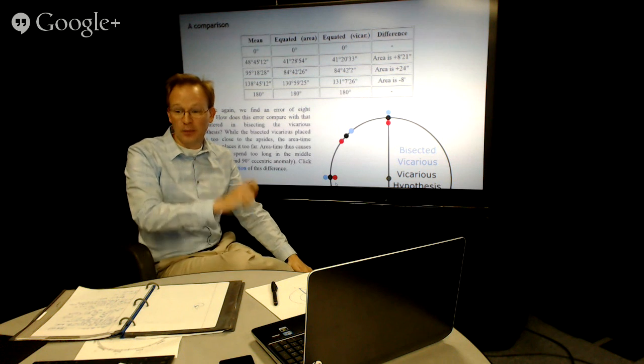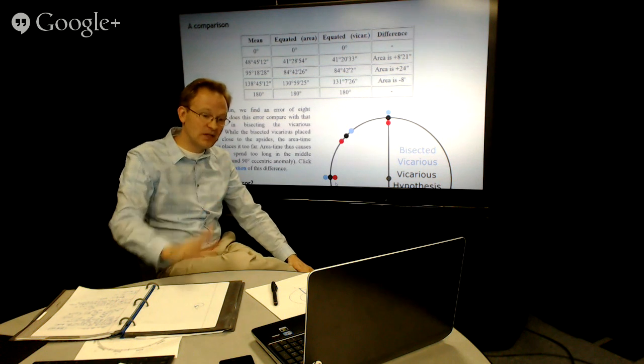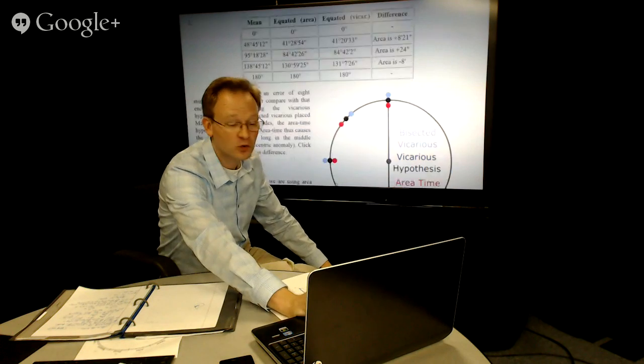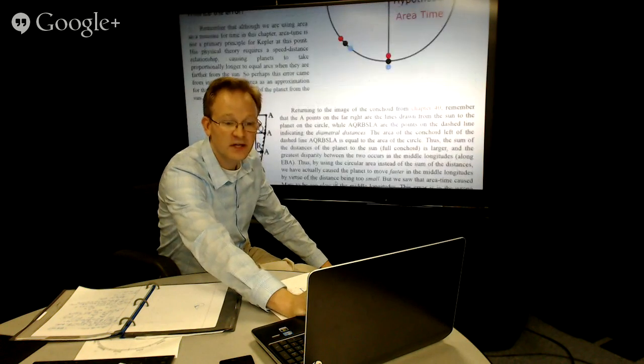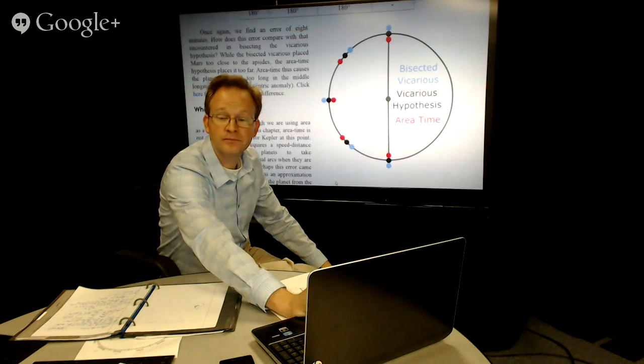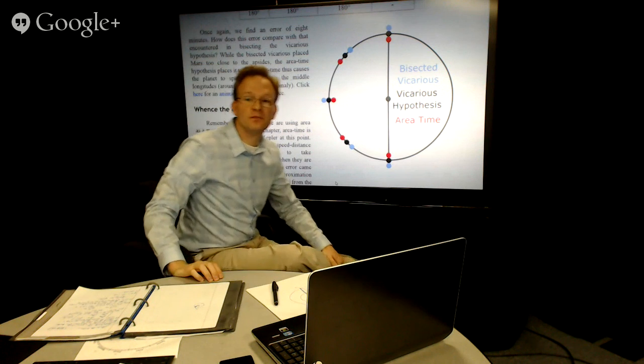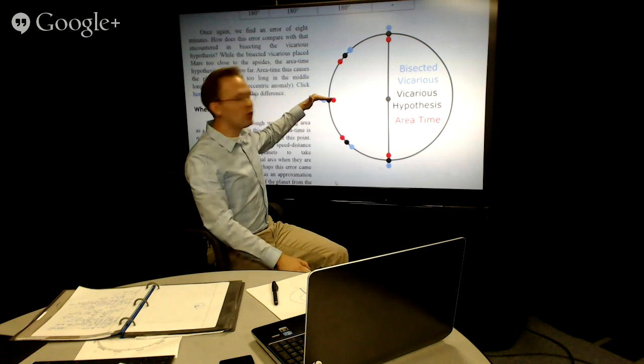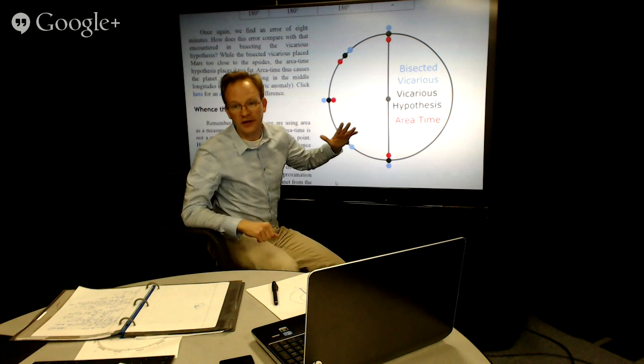Using area time with the circle means Mars is off by 8 minutes at the octants in a specific way. Let's take a look at this. Don't worry about the blue dots for now. At the quadrant it works fine. It's 24 seconds off, whatever.